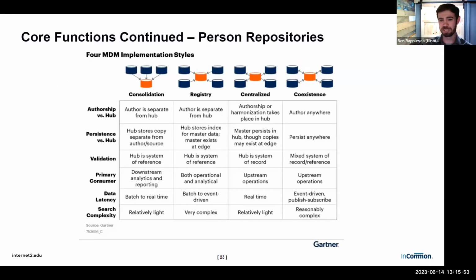It's going to be influenced by data flow, need for data availability, cost of application capability. And what we at ISU have wound up using is actually a combination of a couple of these even, which is funny because Gartner says there's only 4, but ours seems to be more of a combination of a couple of them. But like I said, it depends on how you need your data to flow, how stable you want it to be, and what you want to be the source of record in the end.